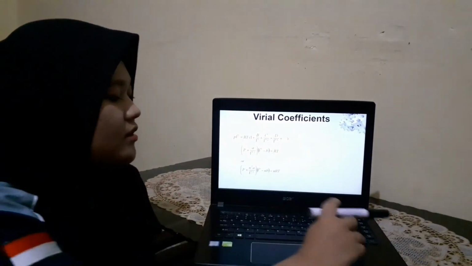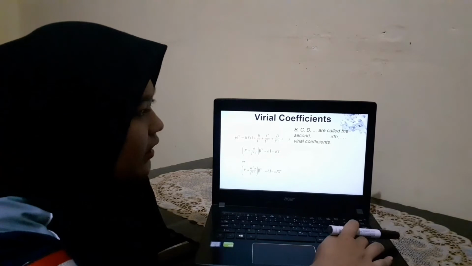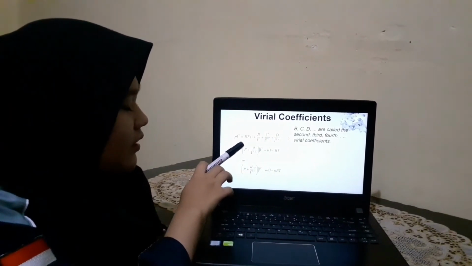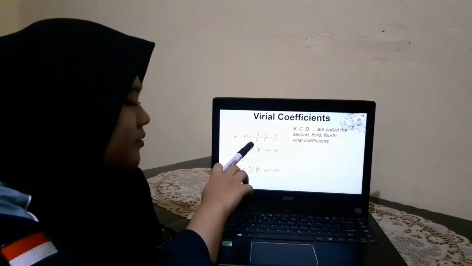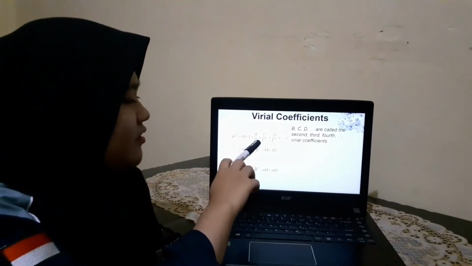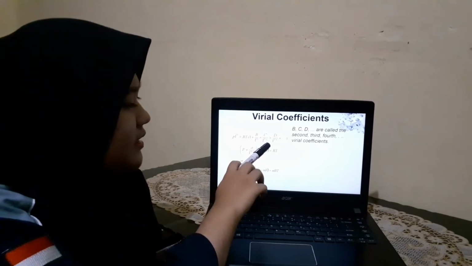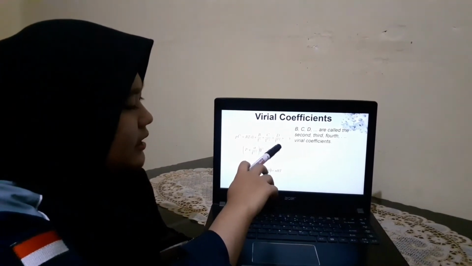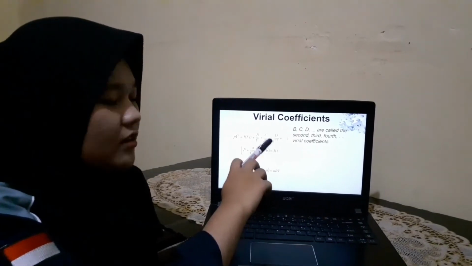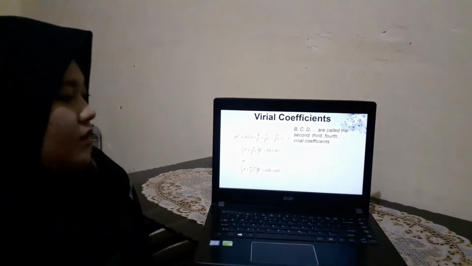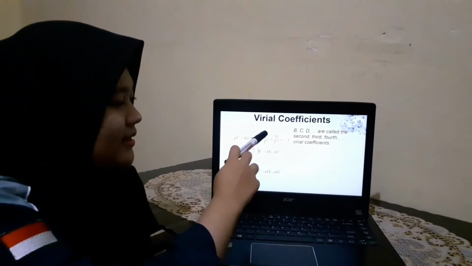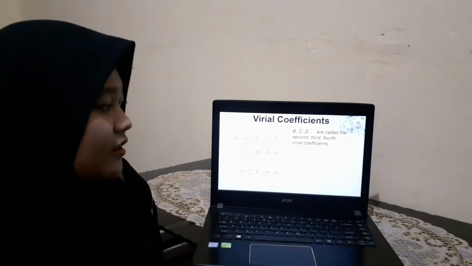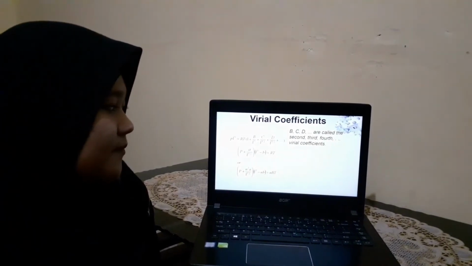This is the equation for the virial coefficient: PV equals RT times 1 plus B divided by V plus C divided by V squared plus D divided by V cubed. So B, C, and D are called the second, third, and fourth virial coefficients.